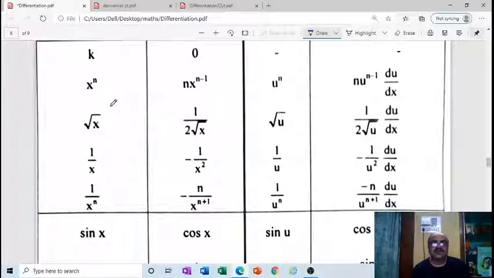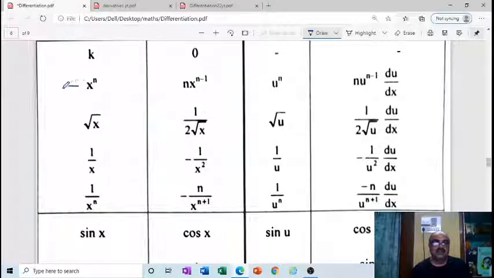Then we took all these values: x power n, n into x power n minus 1; k, which is constant, it is always 0; root x, 1 by 2 root x; x, 1 by x, minus 1 by x square; 1 by x power n, minus n by x power n plus 1.